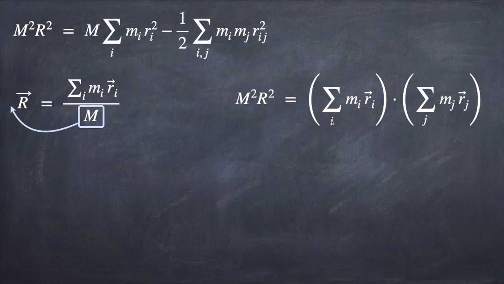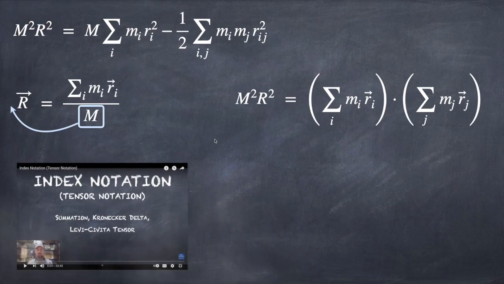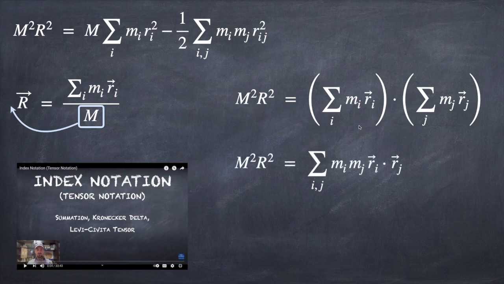But we need to distinguish between the index of this summation and of this other summation. And we already discussed that in the introduction to index or tensor notation. If we do not distinguish the indices, we will not have the crossed terms, for instance, R1 dot R2 and so on.